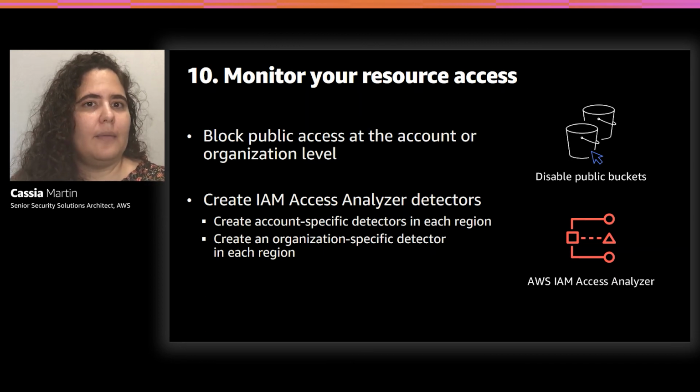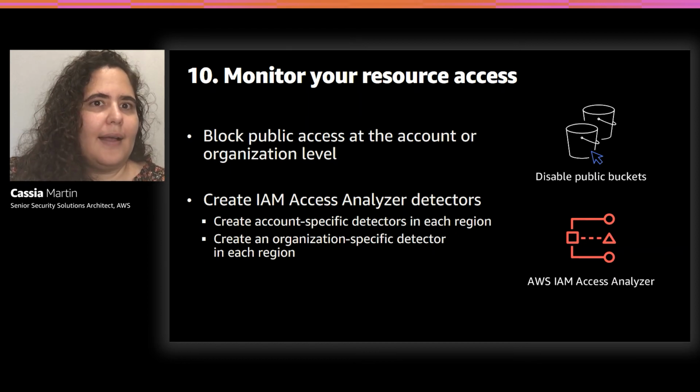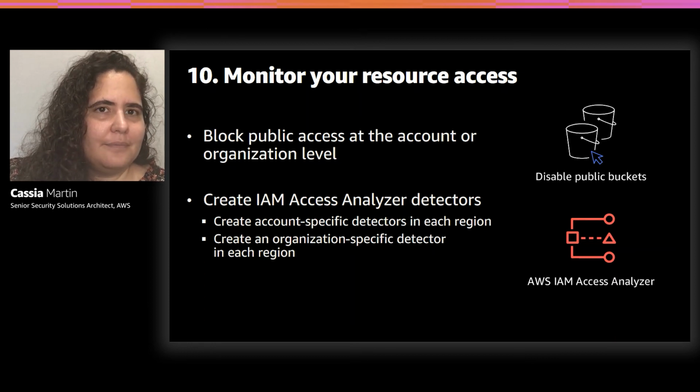What is shared outside my org? And you can build detectors to ask those questions in whatever regions you're using. The types of resources it monitors are S3 buckets, IAM role trust policies we talked about earlier, KMS keys, Lambda functions, and SQS queues. Basically the resource types that support a resource policy.